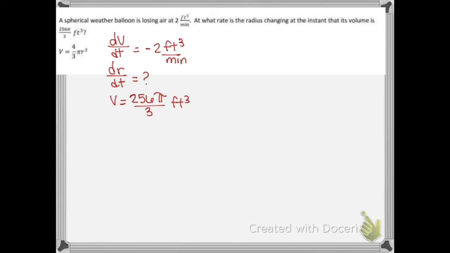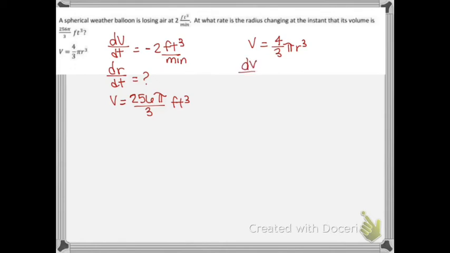Okay, so we have our volume formula. Volume equals 4/3 pi r cubed. So volume is changing in this problem and radius is also changing. So nothing in that equation is going to stay constant. So I'm just ready to differentiate.